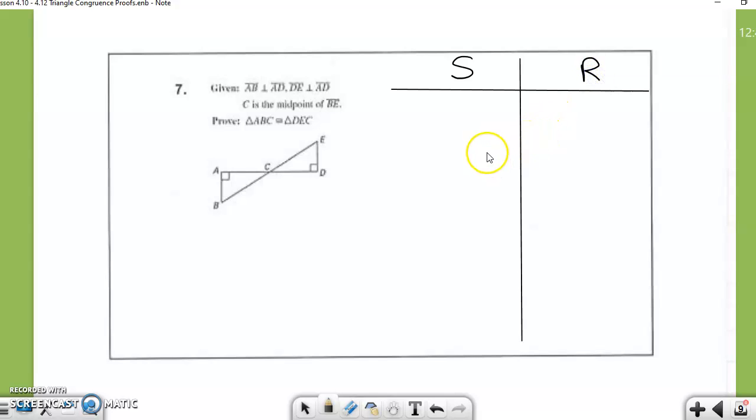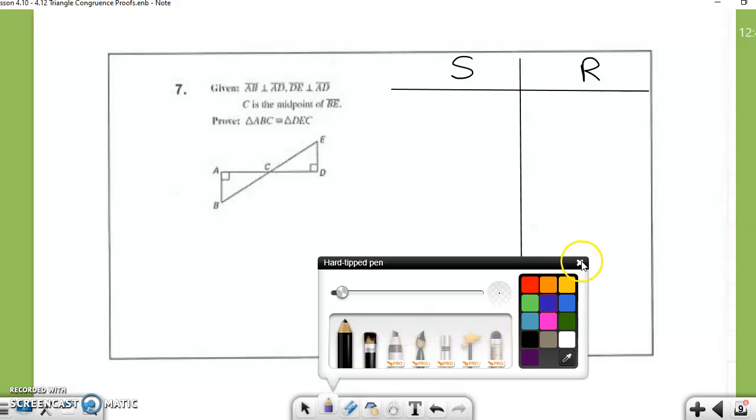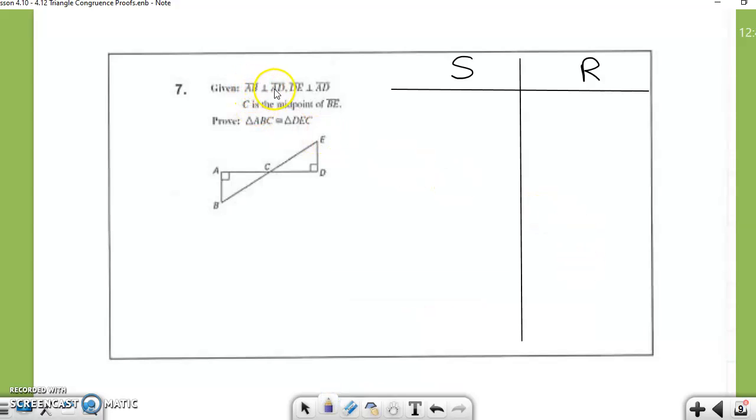Now I'm just going to tell you, I've already worked it out, so it's a little bit long. Well, let's think about it. Start digesting. AB is perpendicular to AD. So I've got this right angle. I'm going to have to make a statement about that. DE is perpendicular to AD. So I've got this right angle. I'm going to have to make a statement about that.